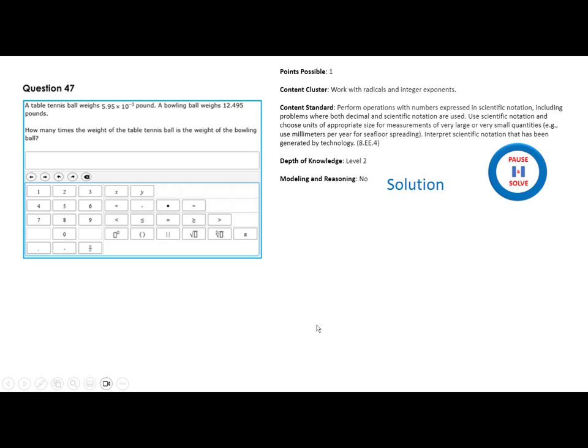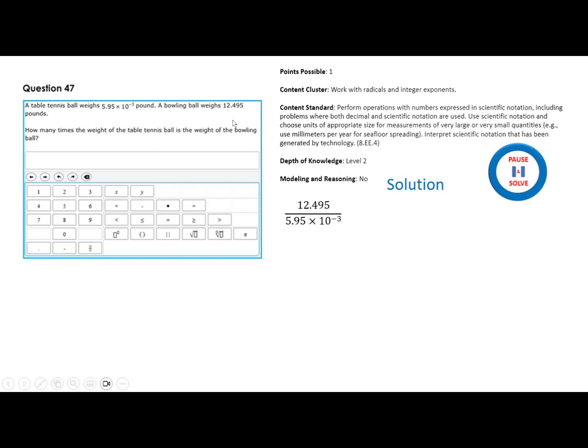A table tennis ball weighs 5.95 times 10 to the power negative 3 pounds. A bowling ball weighs 12.495 pounds. How many times the weight of the table tennis ball is the weight of the bowling ball?